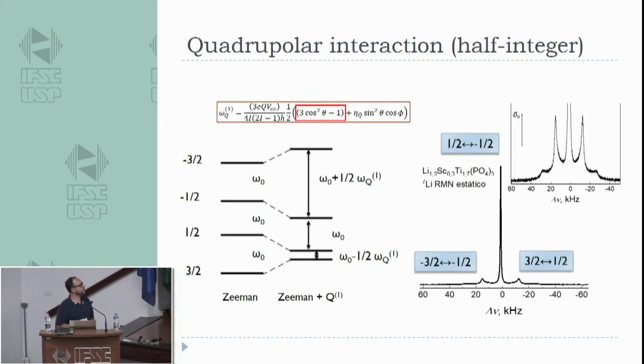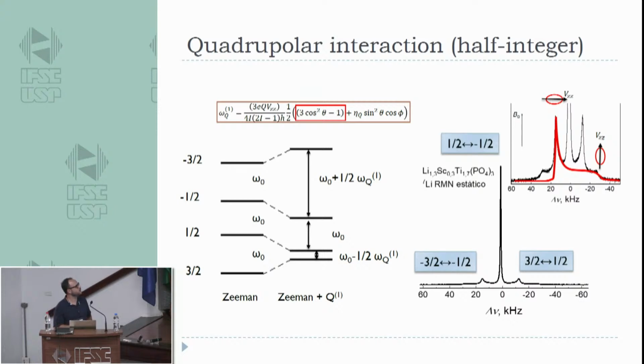So if we look at a spin 3/2, we have 3 transitions, 3/2 to -1/2, 1/2 to -1/2, 3/2 to 1/2. We call this one here the central transition for obvious reasons. And then you see here that if you look closely, we also have anisotropy. We have the same line shapes that we are observing in the other cases that come from the statistics of orientations in our sample.